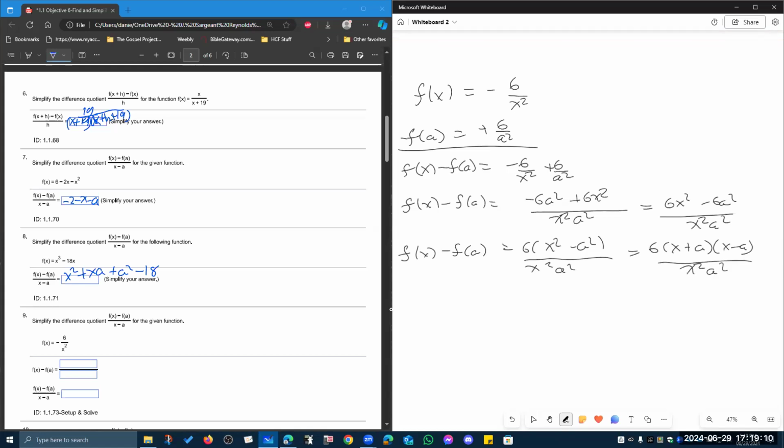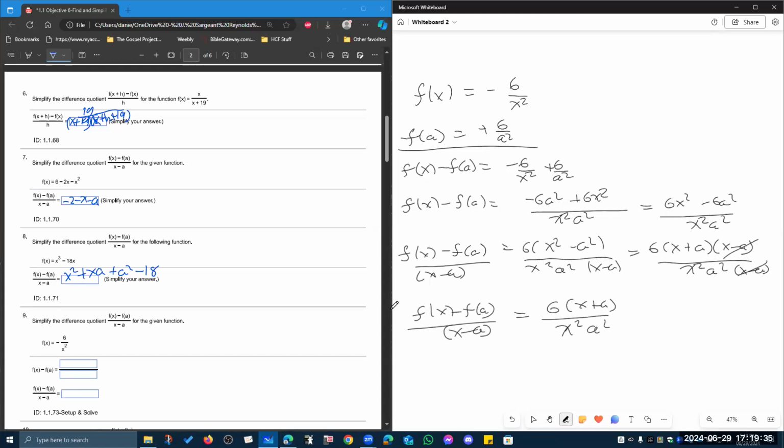So now when we divide by x minus a, x minus a cancels. f of x minus f of a over x minus a is going to be equal to 6 times x plus a over x squared a squared.